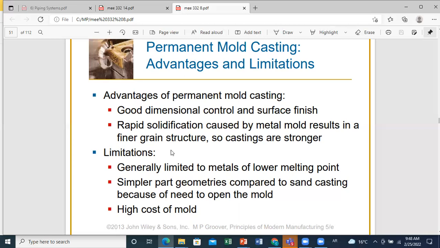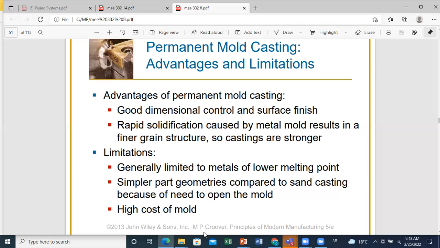Now, concerning limitations, generally it's limited to metals of lower melting point, because as we said, for higher melting points, you need to use a material that can sustain much higher temperature for your mold. Simpler part geometries compared to sand casting, because we need to open the molds, is another limitation.